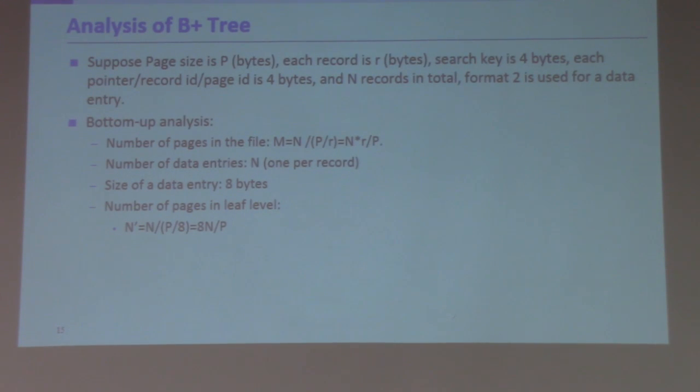Now let's do some simple analysis of this B+ tree. Suppose your page size is... actually I have done this analysis already. If you just carry on this analysis, which is essentially what I have on the slides, the only difference is I materialize the analysis using some specific values.